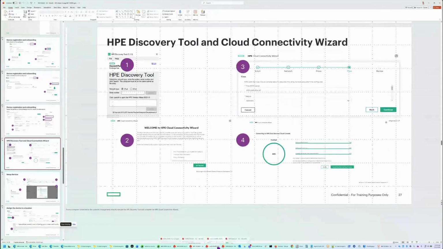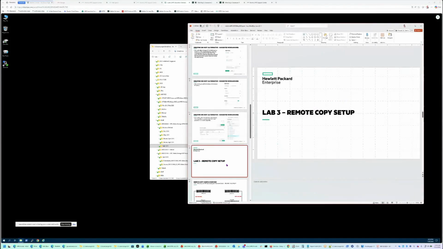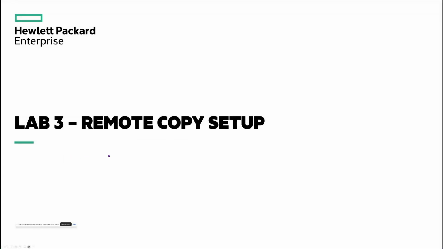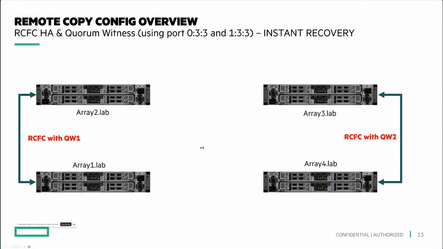Right? And let's come back to, okay, I don't need this PowerPoint anymore. So let's come back to here, lab number 3. Lab number 3, remote copy setup. The first setup is up to you, right?